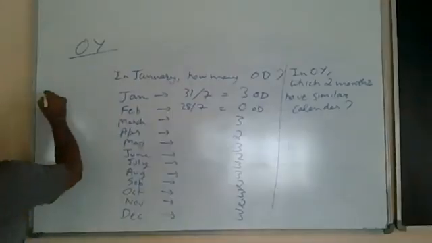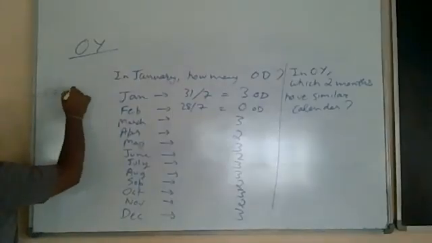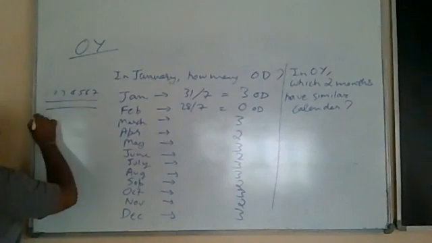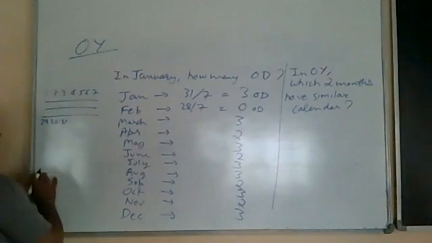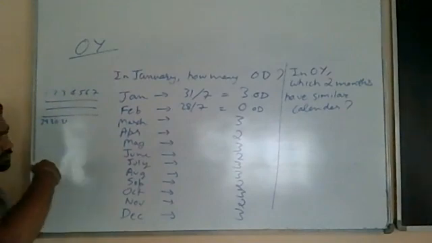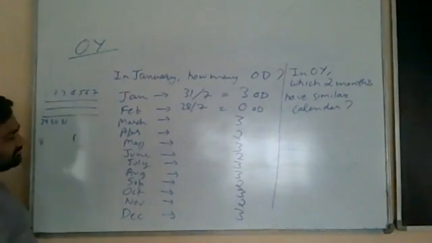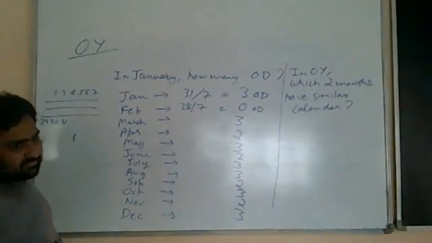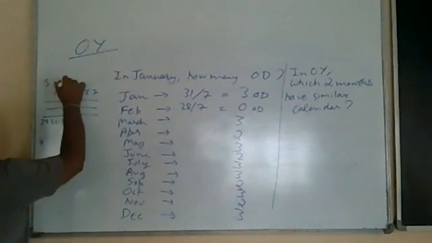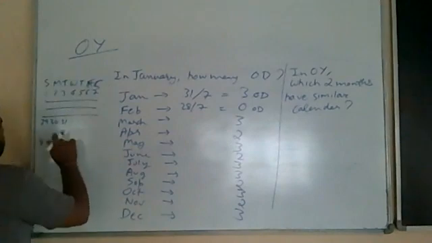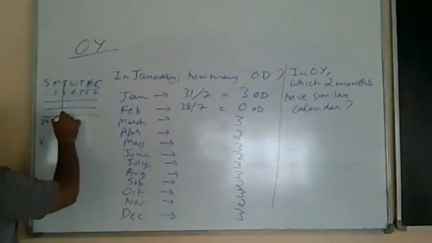Okay. Say January, let's say 1, 2, 3, 4, 5, 6, 7. Similarly next week. Then comes 29, 30, 31. In the new calendar, does February start from here or from here? If this is Sunday, Monday, Tuesday, Wednesday, Thursday, Friday, Saturday, then January 31st will be Tuesday.